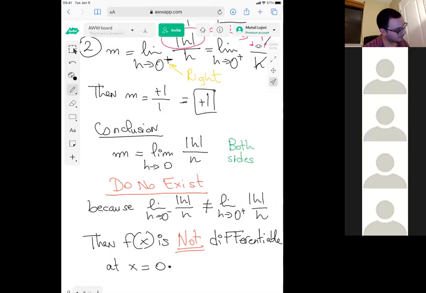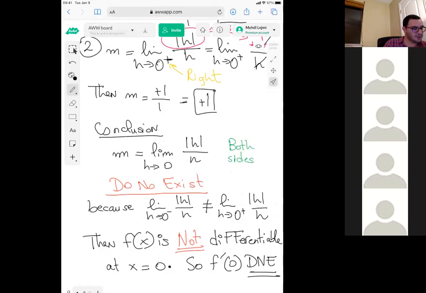Okay, so f prime of 0 does not exist. All right. So this is an example where the function is not differentiable, right? And you see, in this case, our limit does not exist, so it's not differentiable.